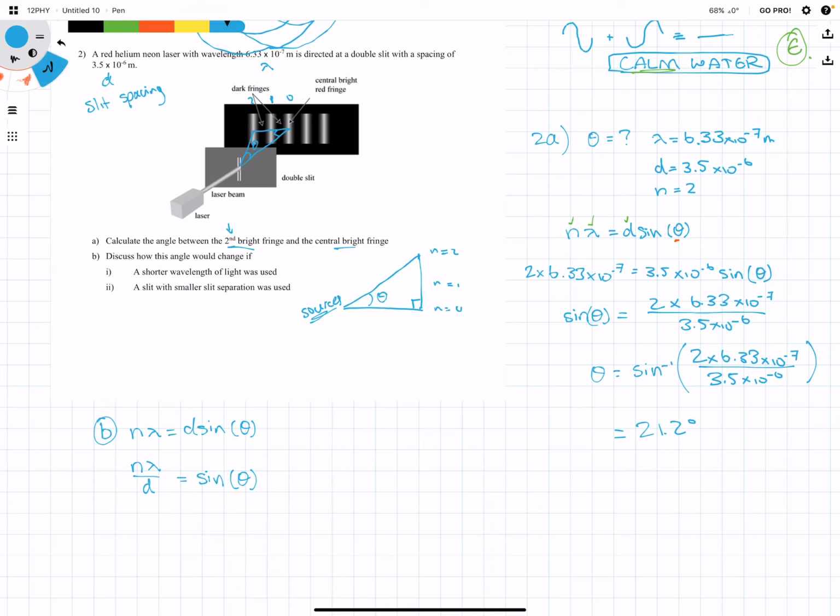So this first question is asking us, what happens with a shorter wavelength? This means if lambda decreases, the numerator is smaller, therefore the angle also gets smaller.